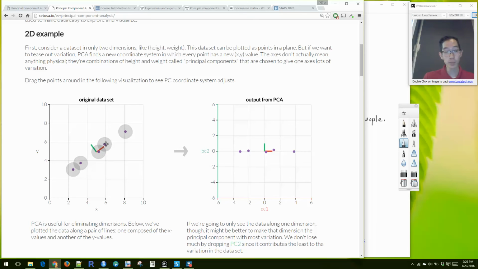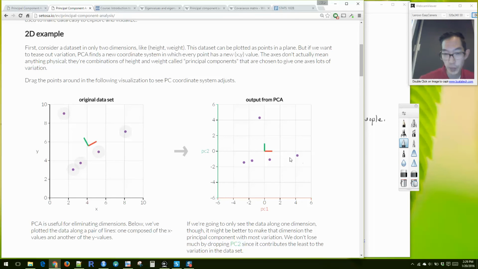You can move things around and we might get something like this. In this case, we still have the primary principal component being the red dimension.